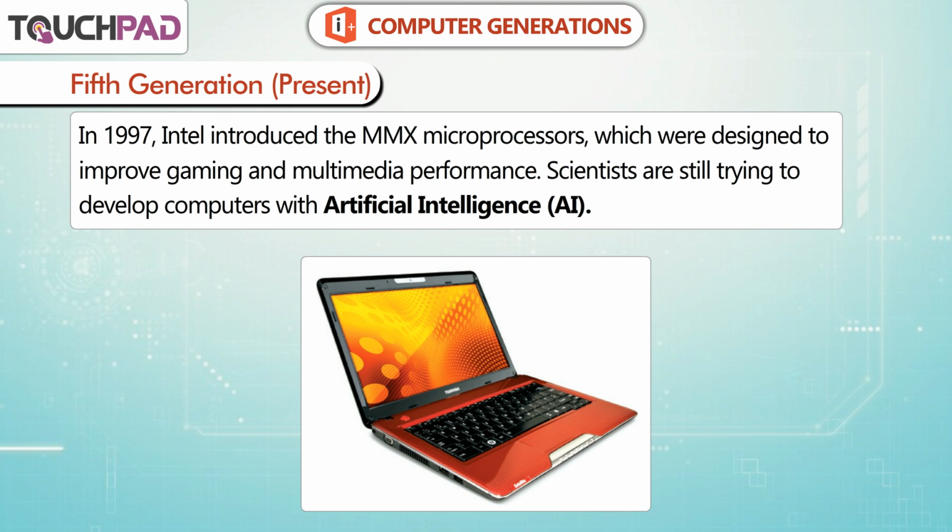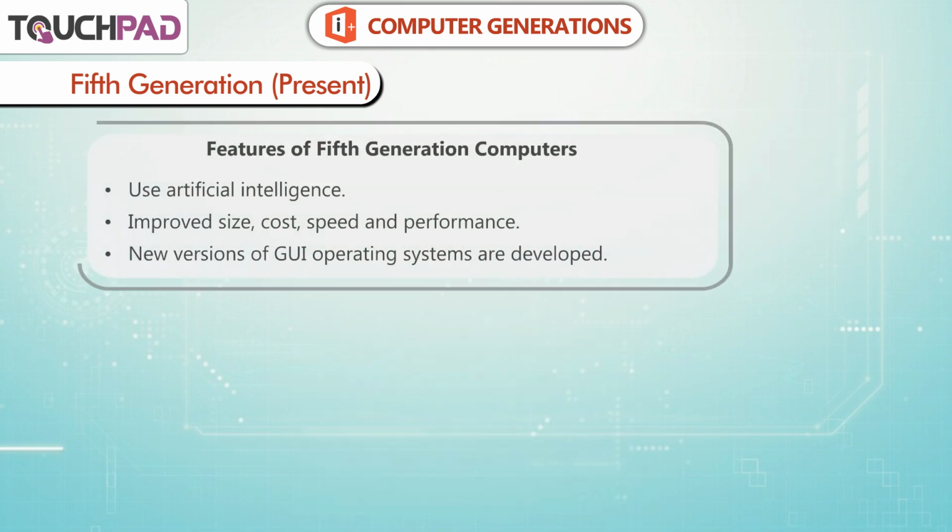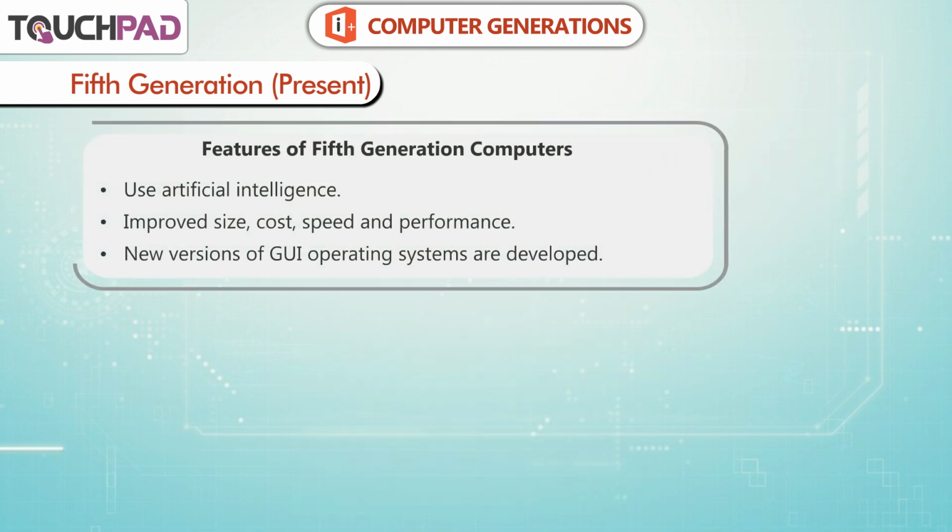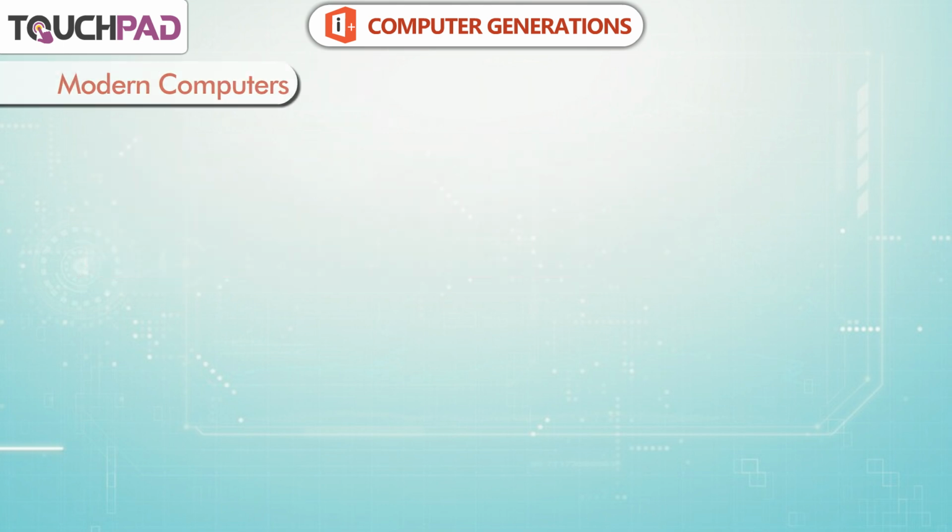Scientists are still trying to develop computers with artificial intelligence (AI). Features of fifth-generation computers: use artificial intelligence, improved size, cost, speed and performance. New versions of GUI operating systems are developed.